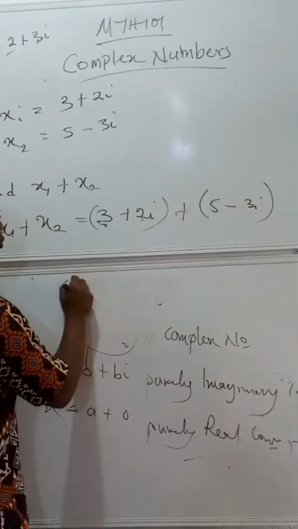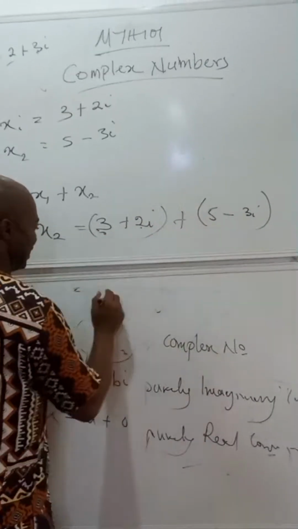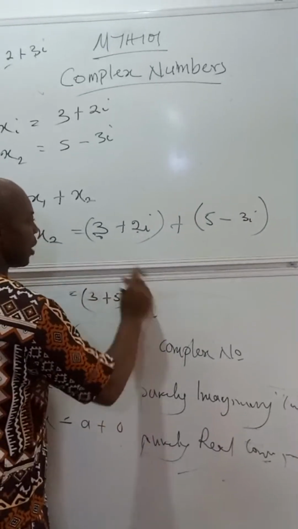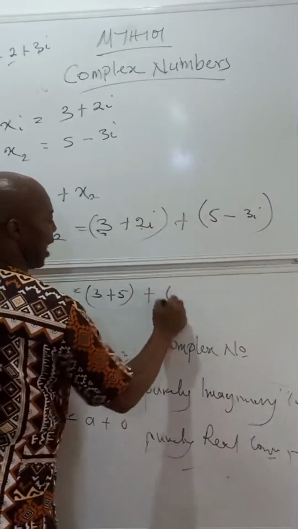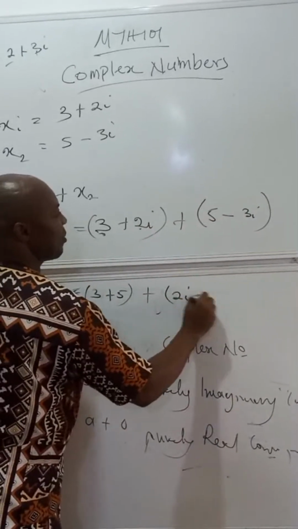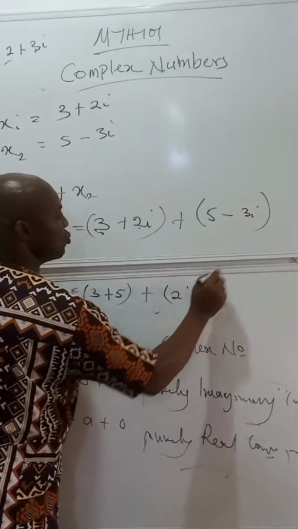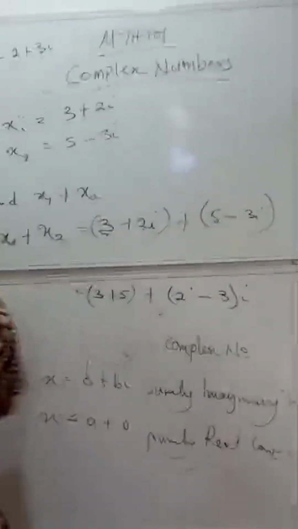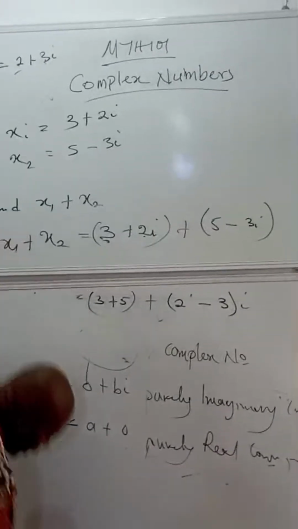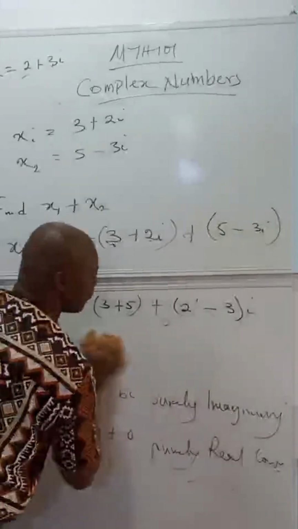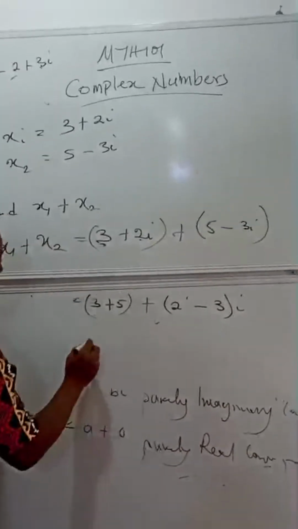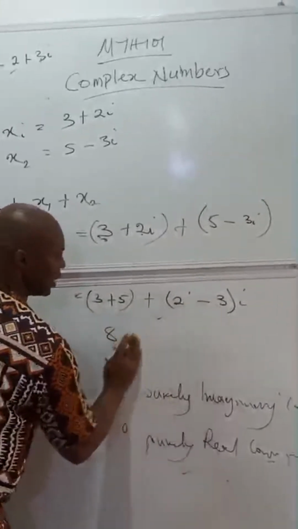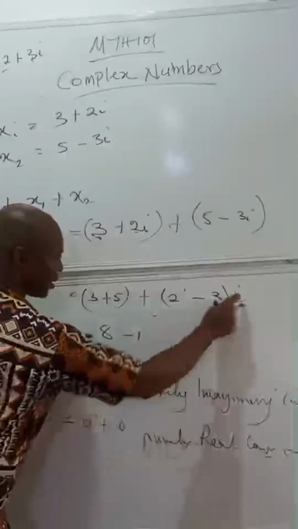So you do this by collecting like terms, and you're going to have 3 plus 5, plus 2i minus 3i, or say 2 minus 3, all into i. If you solve this, this plus this will give you 8, plus this and this will give you minus 1i.